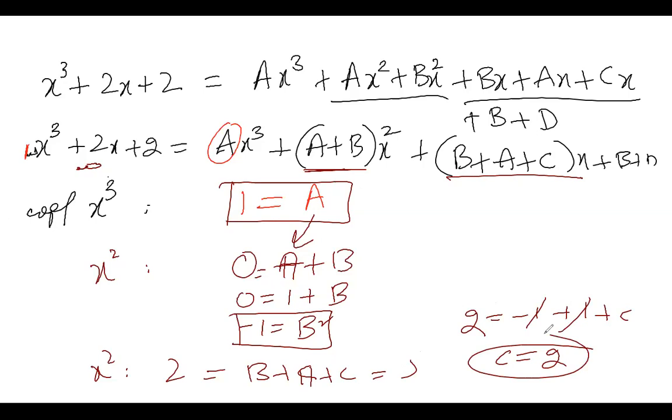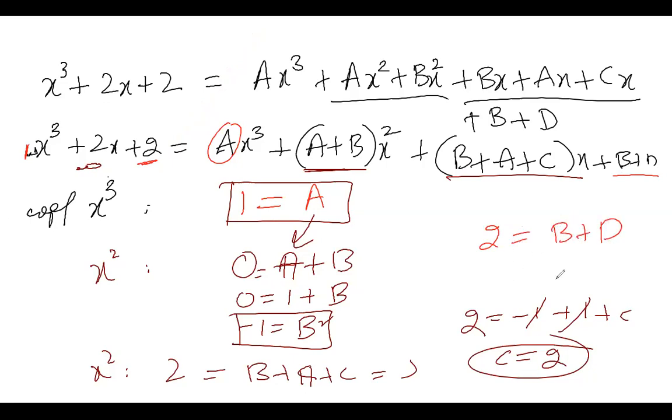Now students, we are left only with d. For d, we will compare constants. Here the constant is 2. For your convenience, I am solving on this page. Yes, it is 2. And on this side, the constants are b plus d.